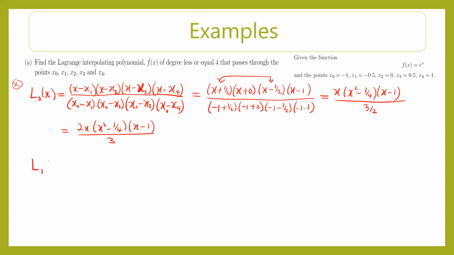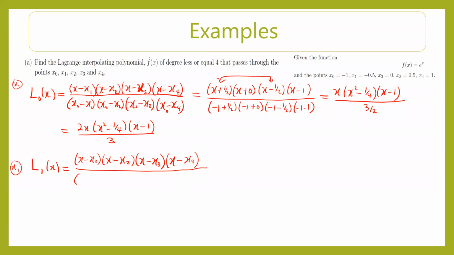I'm going to find L1 of x as well. So the same way, x1 will be missing at the top. So I'm going to have x minus x0. Instead of x minus x1, x1 will be missing. So it will be x minus x2, x minus x3, x minus x4, all over the same method.